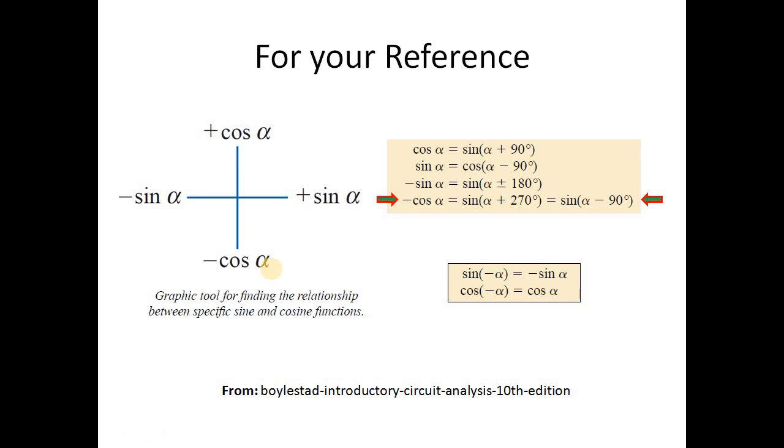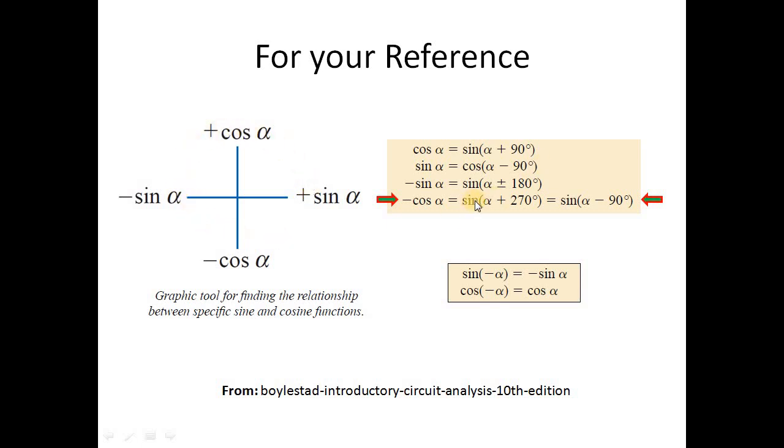Taking the example of minus cos alpha in terms of sine, I can write this as sine alpha plus 270 degrees, going 90, 180, 270 in the counterclockwise direction.